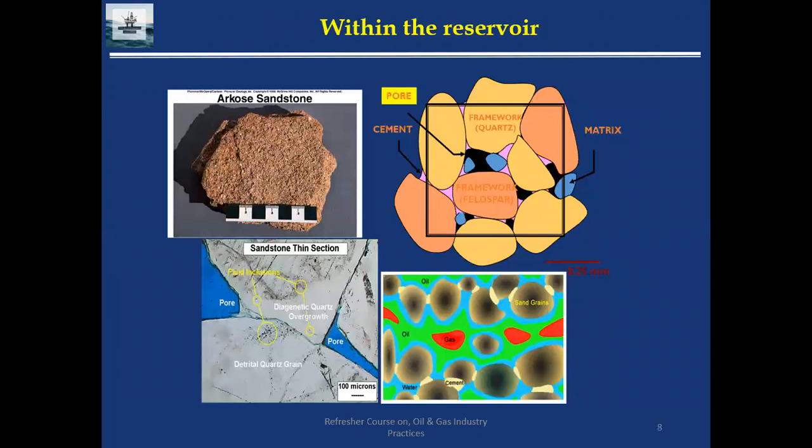Now, things inside the reservoir are very much microscopic. So we are talking about pore scale scenarios here. Let's say if this is a sandstone, you won't be able to judge whether it has oil or potential hydrocarbons.